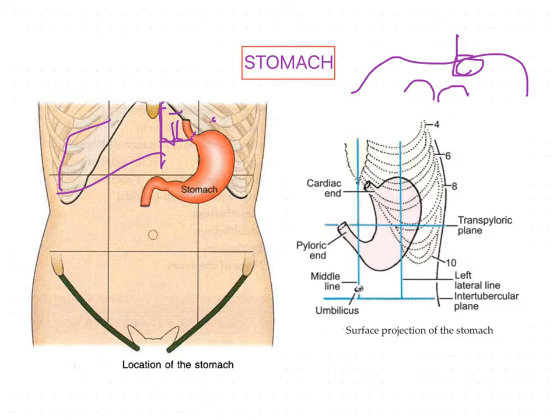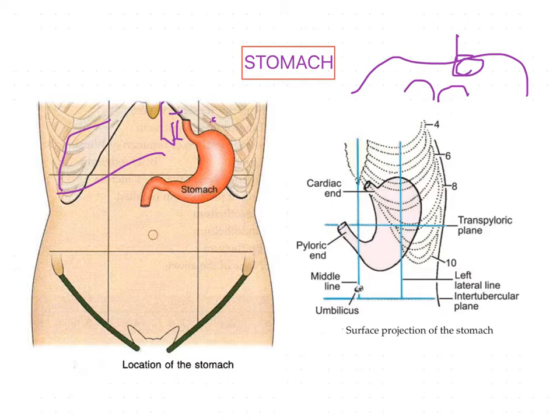Normally the left vagus forms the anterior trunk and the right vagus forms the posterior vagal trunk. This is about the esophagus related to the abdominal part. We have discussed the esophagus extensively in the thorax; you can follow the clinical anatomy of the esophagus there once again.